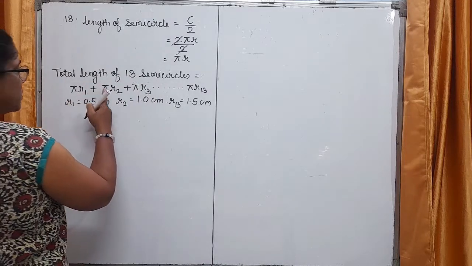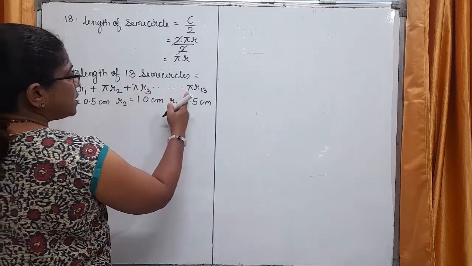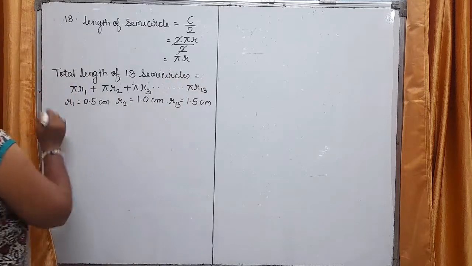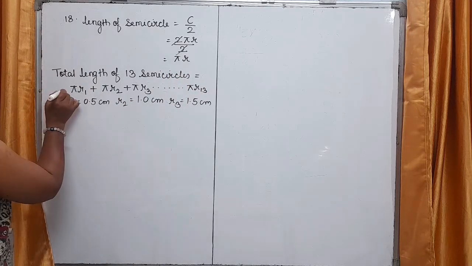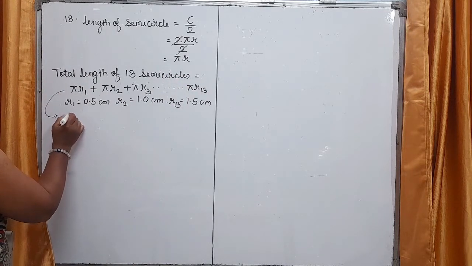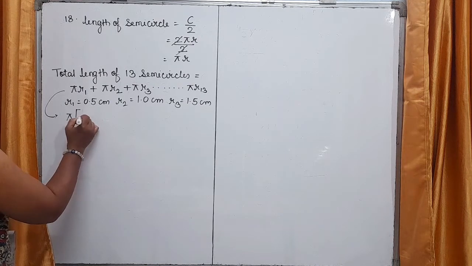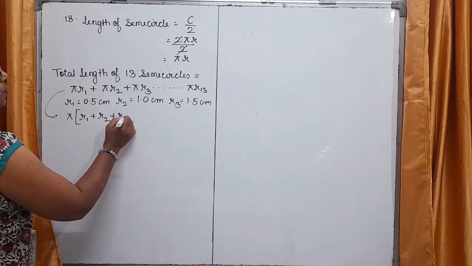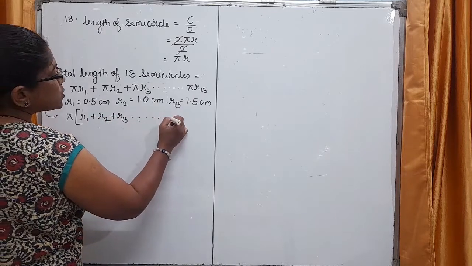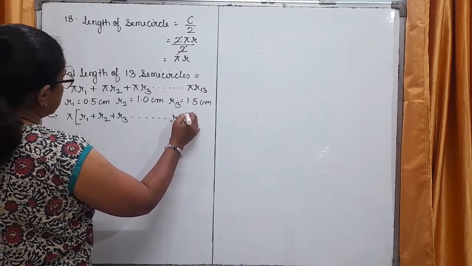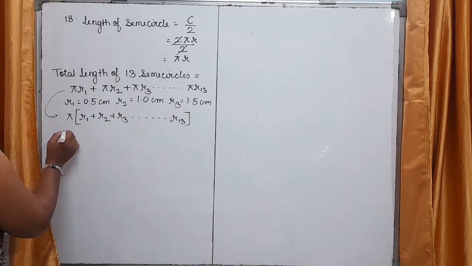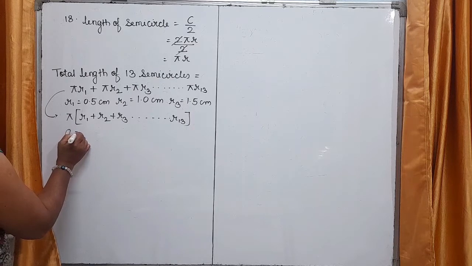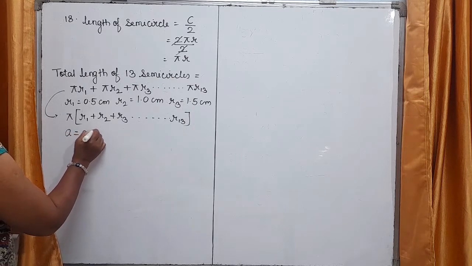See, pi r1 plus pi r2 plus pi r3 up to pi r13. In this total length, pi we will take common: pi times r1 plus r2 plus r3 and so on up to 13 terms. Now let us consider r1 as a, which is 0.5.